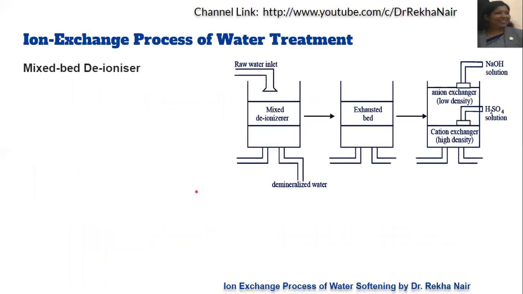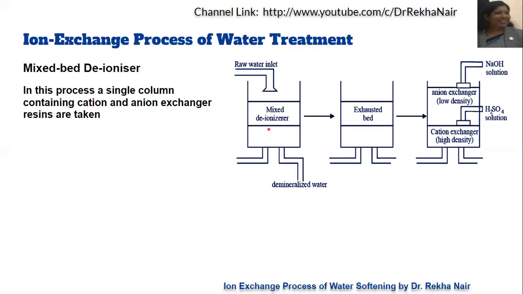We have one more, the mixed ion bed, that is the mixed bed deionizer. Here a single column containing cation and anion exchanger resins is taken. In the previous slide, we discussed that there are two columns: one column contains cation exchange resin and another column contains anion exchanger resin.